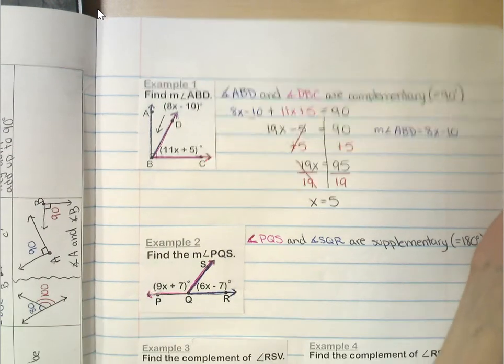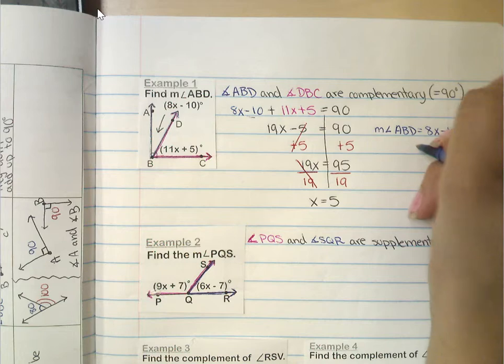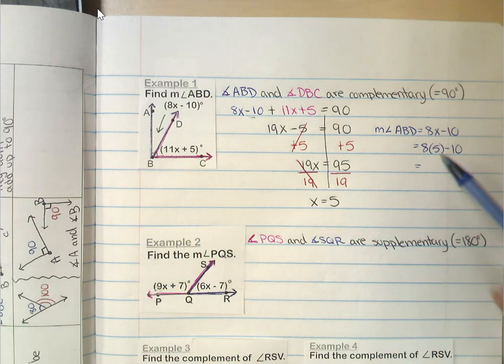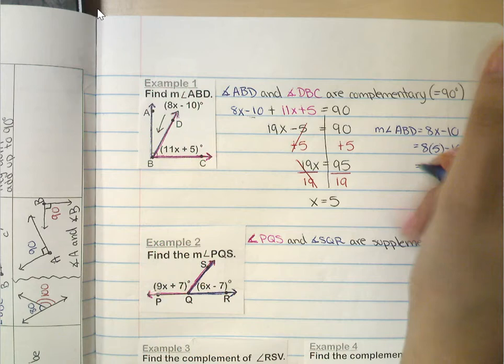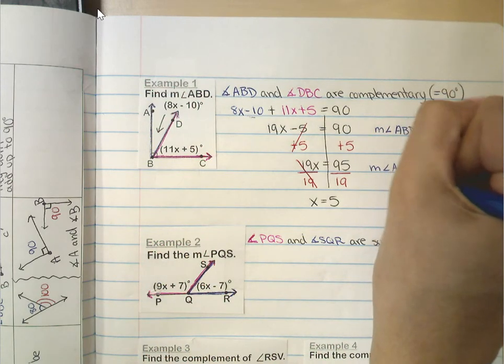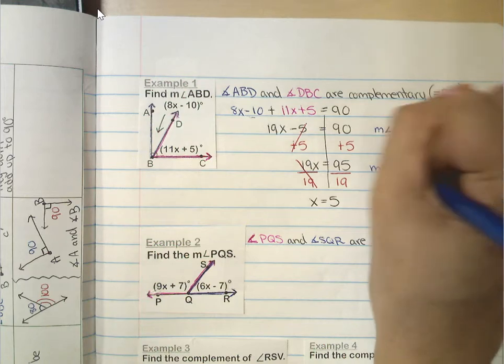I'm going to plug in my 5 for the x. So 8 times 5, that's 40, minus 10, that's 30. So my final answer, the measurement of angle ABD, is 30 degrees.